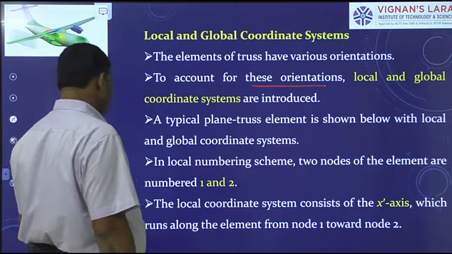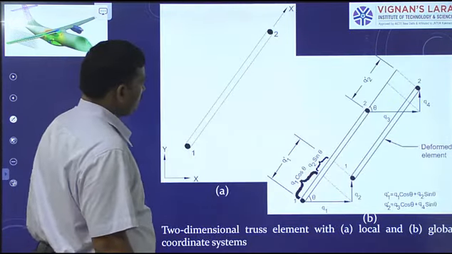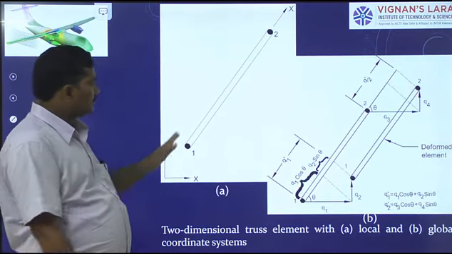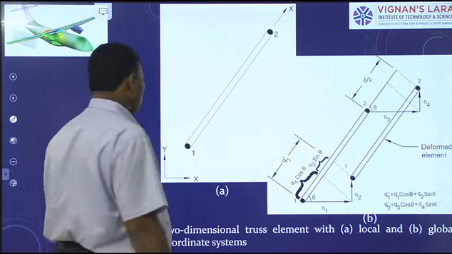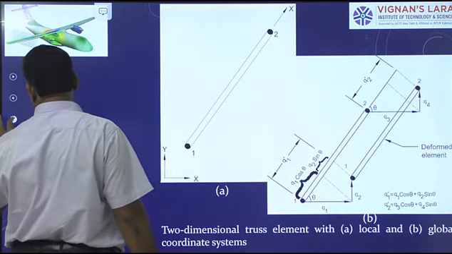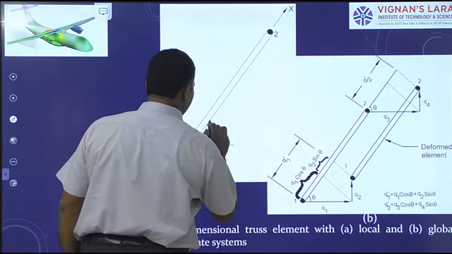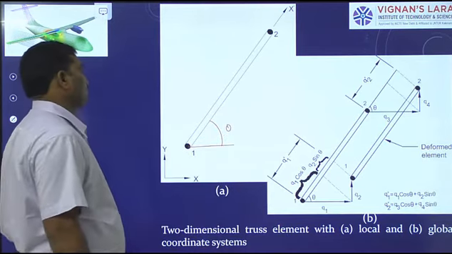Here, I have a truss element with the orientation shown. So what is the orientation here? Observe carefully. This element has the orientation which is noted by theta.